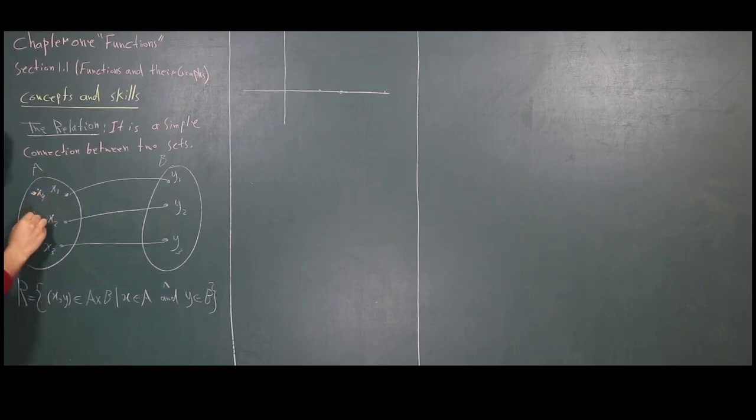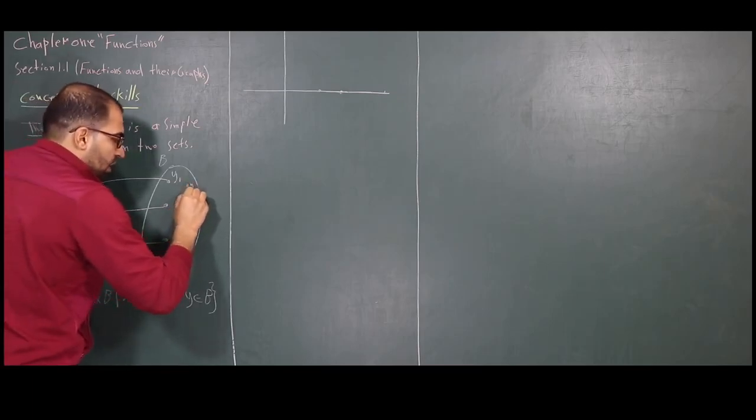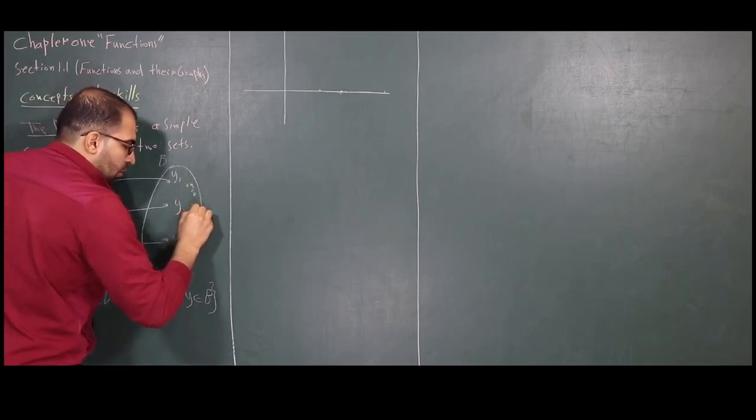It could be x4, x5, x6, and this set also y4, y5.